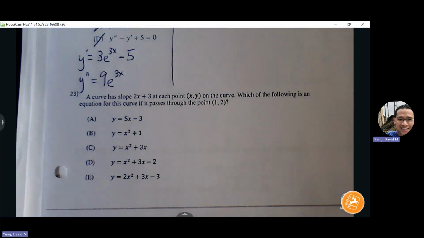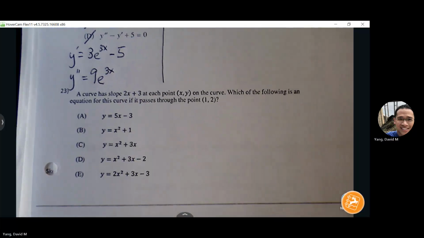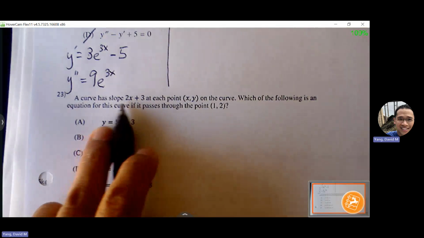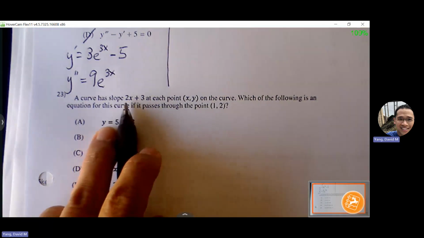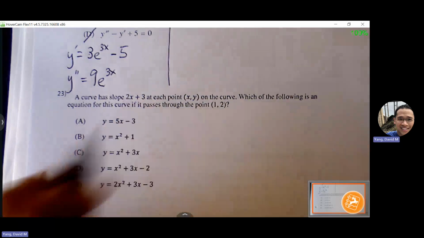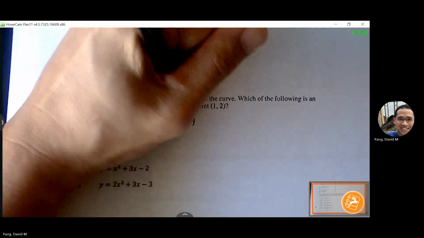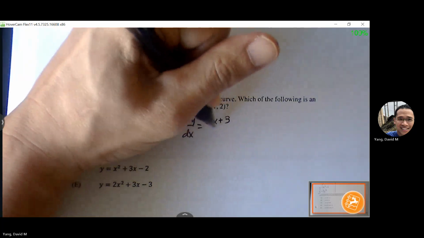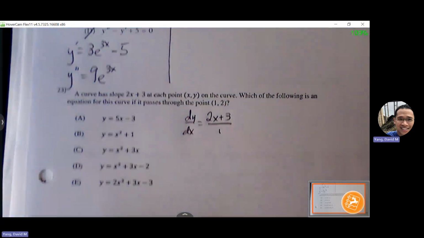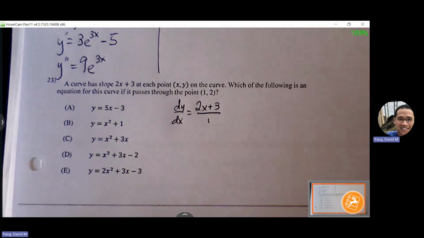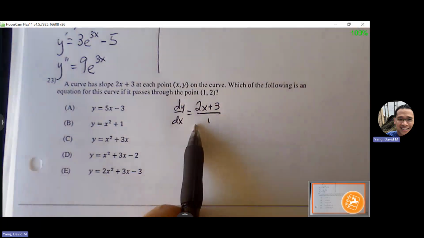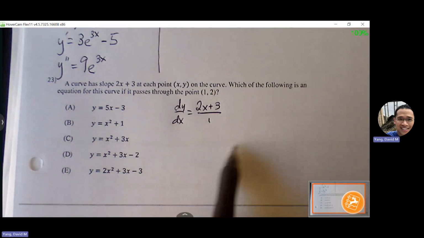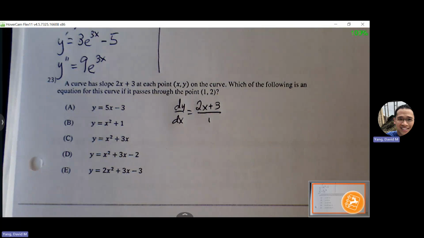Okay, number 2 is a little bit different. A curve has a slope 2x plus 3. So this is another way of saying that's my derivative. Okay, dy/dx is 2x plus 3. Which of the following is an equation of the curve that passes through the given point? So why don't we just solve this differential equation? A plus c will show up, plug in the ordered pair to find that c value, and then we have our equation.